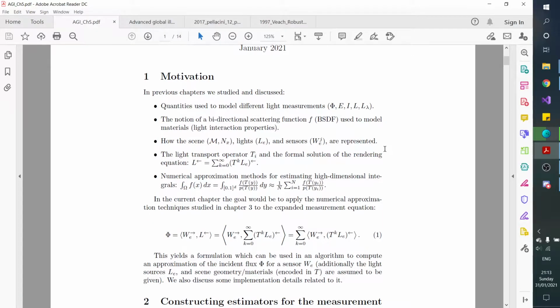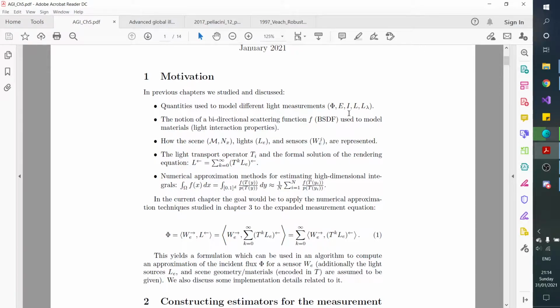And so just as a reminder, what we saw in the previous chapters was that radiometric quantities were introduced. As we saw here, we will be computing the flux for each pixel. Also, if the camera is a pinhole camera, actually you're computing the radiosity.